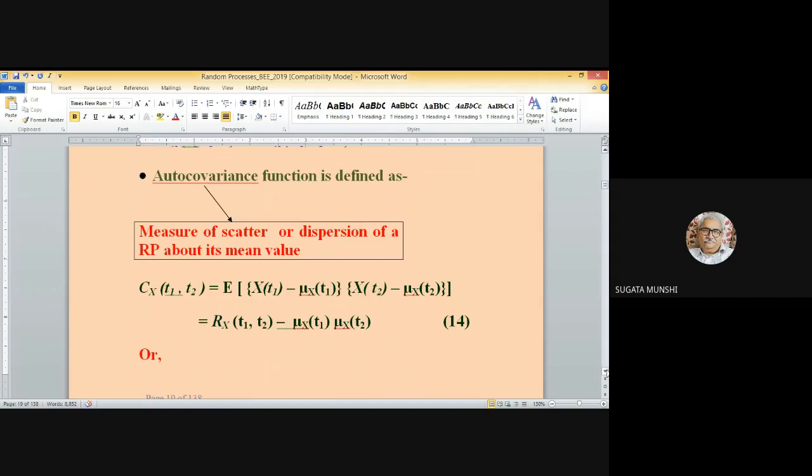In case of a single random variable, you have the variance. In case of two random variables involving them, you have this autocovariance. For random variables in general, it's simply called covariance. Because it's a random process, it's called the autocovariance function.